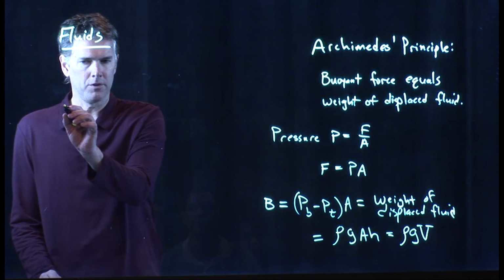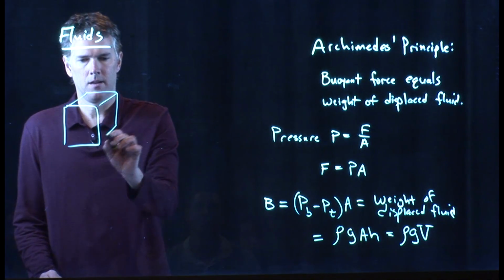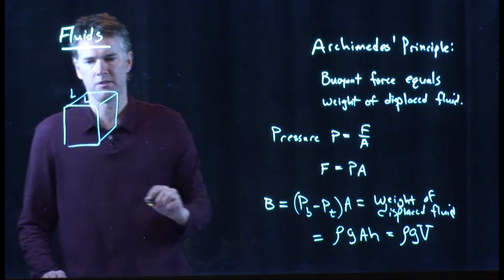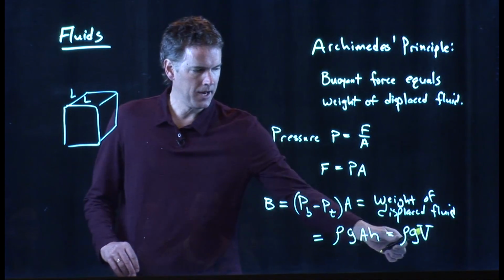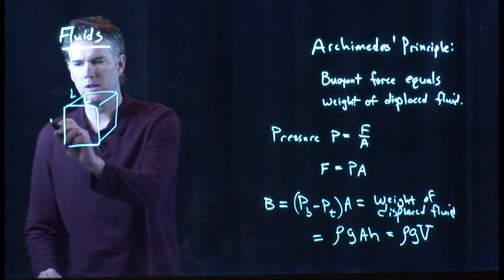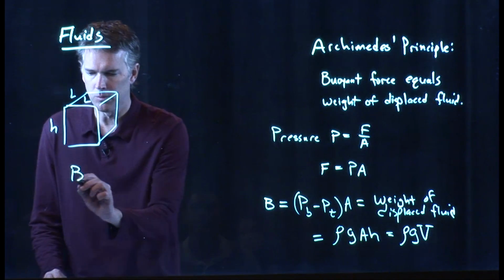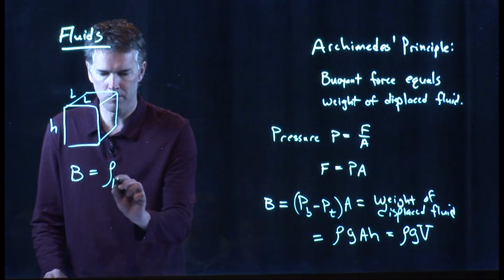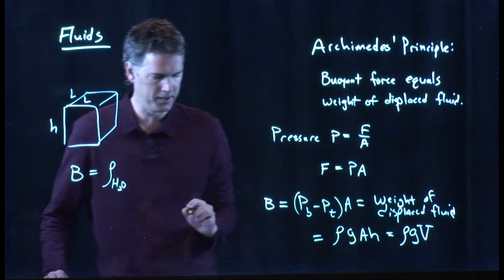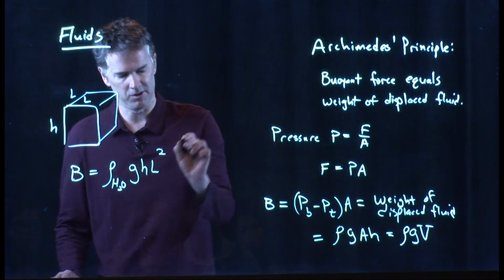Okay, but we also know that if that box has side L and side L, then that volume, which is area times height, just becomes L squared times H. So what's the buoyant force? It's rho, and we'll say we're in water. So this is the density of water times g times H times L squared.